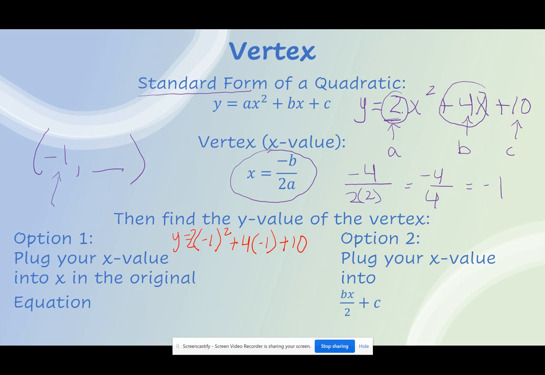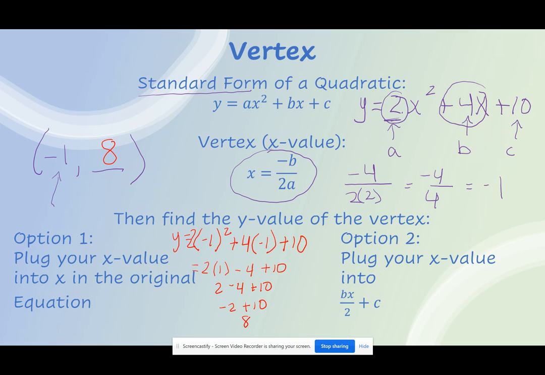Then you solve it using your order of operations. So you do negative 1 squared first. So it's 2 times 1. Negative 1 times 4 is negative 4 plus 10. We get 2 minus 4 plus 10. So our y value is 8.